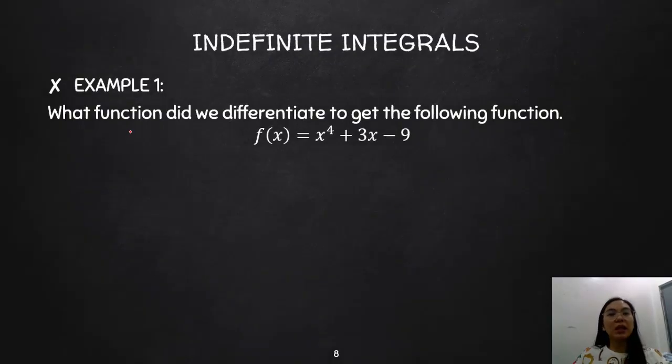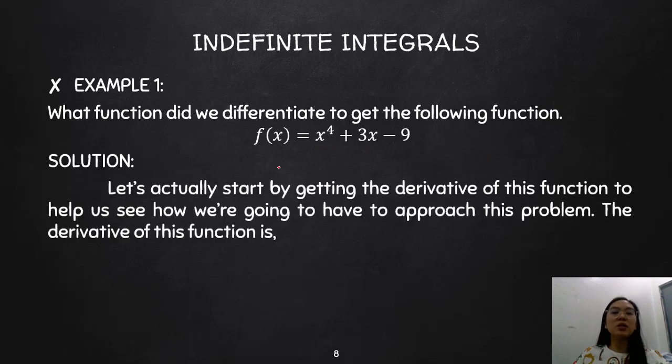So let's take a look at this particular example. The question is, what function did we differentiate to get the following function? Kumbaga, kung ito yung f prime of x mo, ano kaya yung original function kung saan natin nakuha itong function na to? Let's actually start by getting the derivative of this function to help us see how we're going to approach this problem.